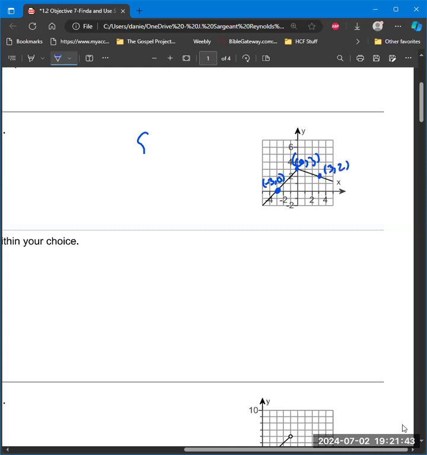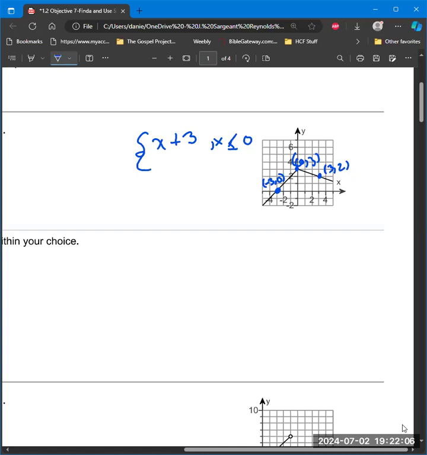So piecewise defined, when x is less than or equal to 0, it looks like we have a slope of 1, which is x plus 3.